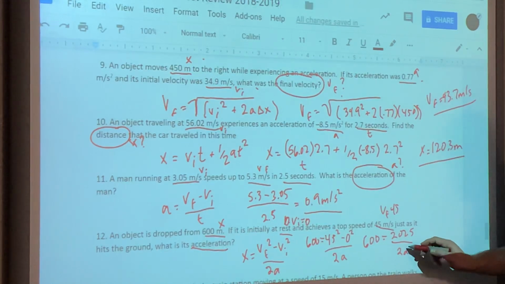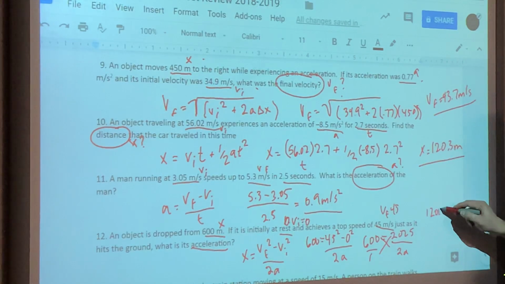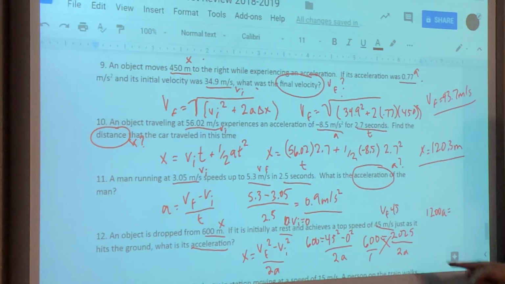Now we need to get a on top, right? So what you do is you cross multiply, and you end up with 600 times 2a. 600 times 2a is 1200a, right? Just 600 times 2 is 1200. And then this number, 2025 times 1, is 2025.